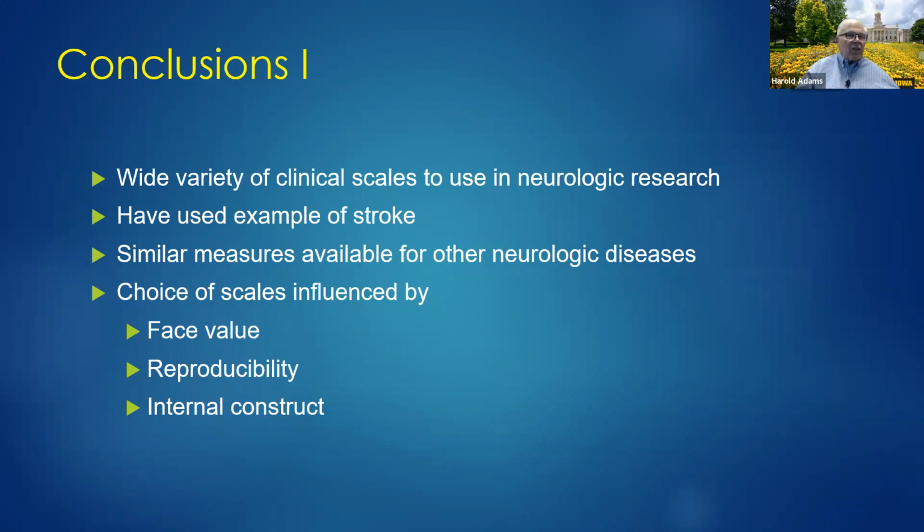The choice of scales will be influenced by the validity of the scale, whether it can be reproduced, and the internal construction of it. You want a scale that is valid. You want a scale that two raters can come up with a similar score, or a rater who's doing it can do it more than once with a similar score. You want an internal scale that makes sense. Next slide.